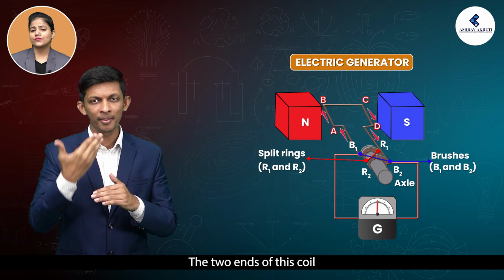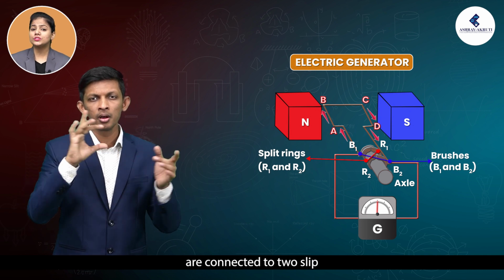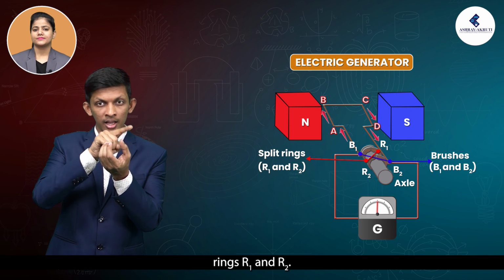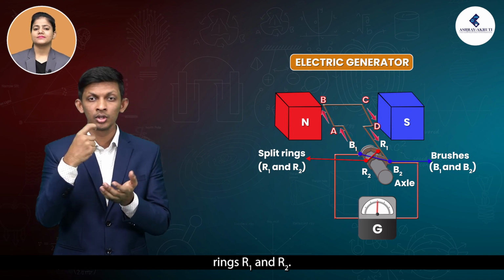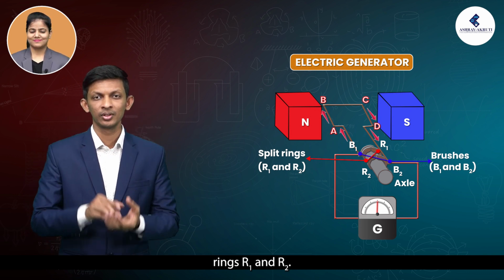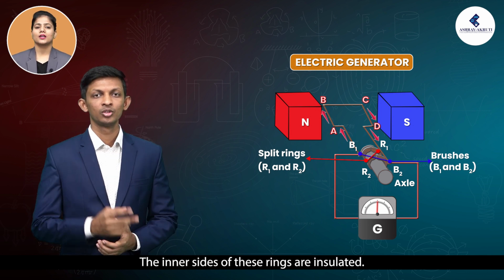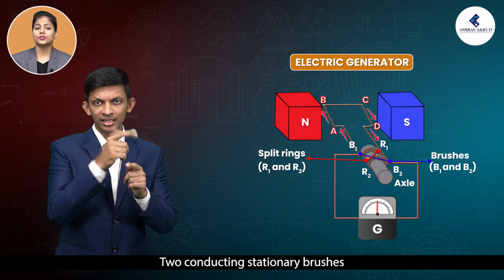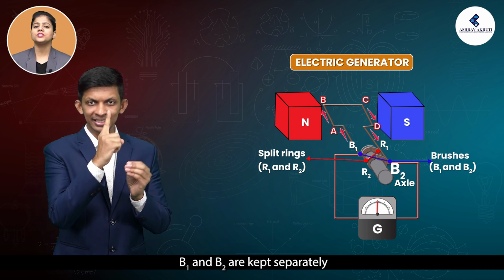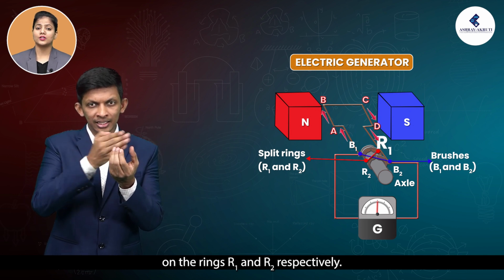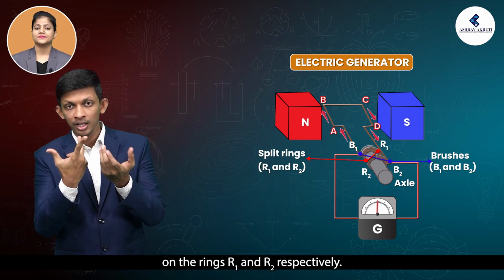The two ends of this coil are connected to slip rings R1 and R2. The inner side of these rings are insulated. Two conducting stationary brushes B1 and B2 are kept separately on the rings R1 and R2 respectively.